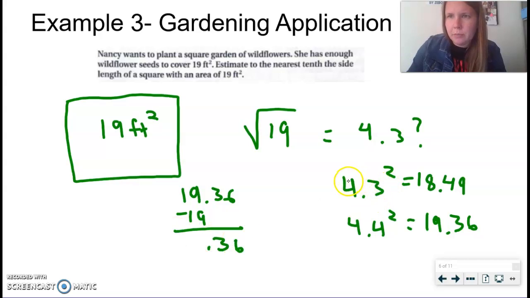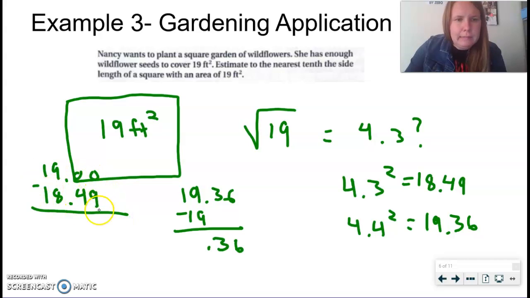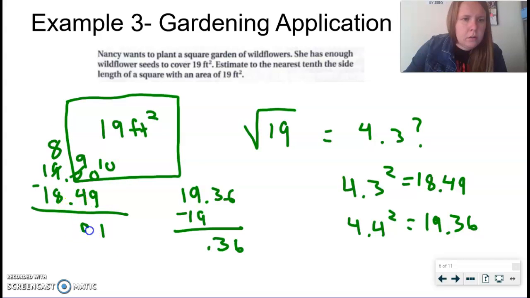If I want to see how close 4.3 is, I take 19 minus 18.49.